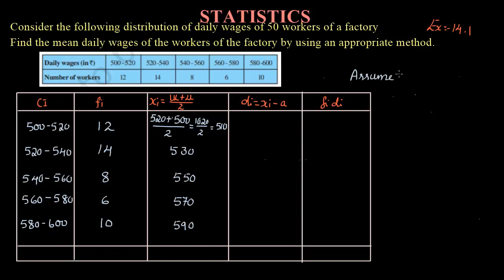You can assume any of these values from the class mark, but usually we consider the center one, the middle one. So here we have 5 values, so we will consider the middle one, but you are going to get the same answer. So assumed mean, let it be 550 for this particular problem, right?